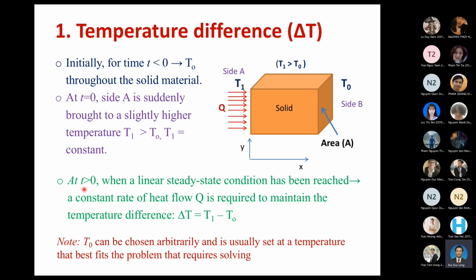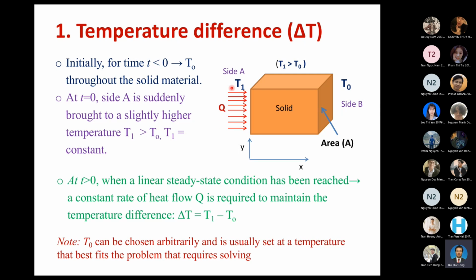So for t greater than 0, in linear steady state, we transfer heat to this side and keep T1 constant. So the temperature difference between side A and side B will be delta T, equal to T1 minus T0.